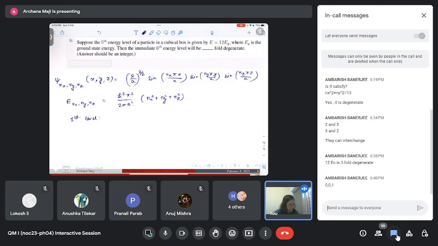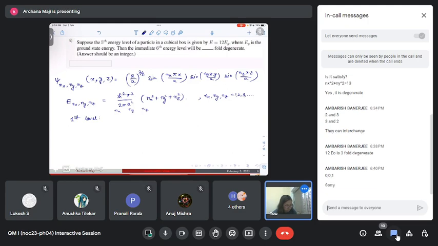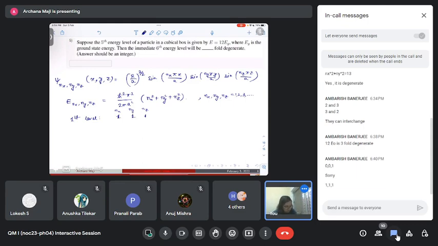So nx, ny, nz all start from 1, then all the integer values. So the first energy level would correspond to all three of these being 1, that is 1 1 1.